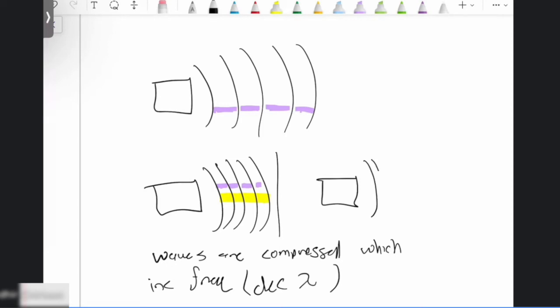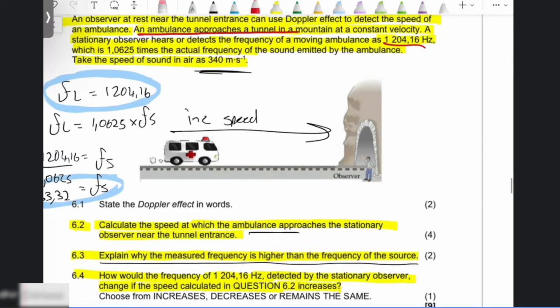So the wavelengths would be even smaller, much smaller than in this picture. If the wavelengths decrease even more, then the frequency should increase. So if we're increasing the speed that we are moving towards our observer, we would be increasing the frequency heard, or detected, by that observer.